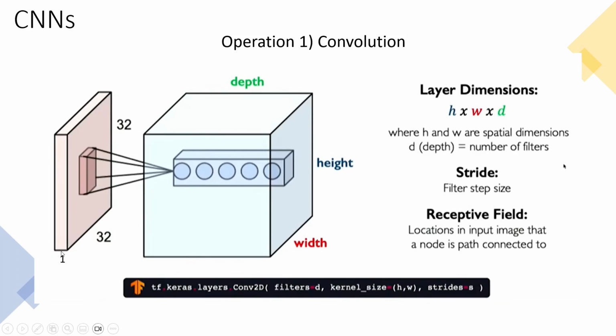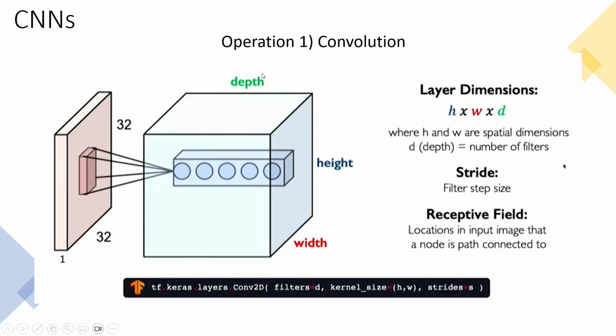That's a black and white or grayscale image. And this convolution layer gives us this tensor in this cube, which has a certain width, a certain height, and a certain depth.